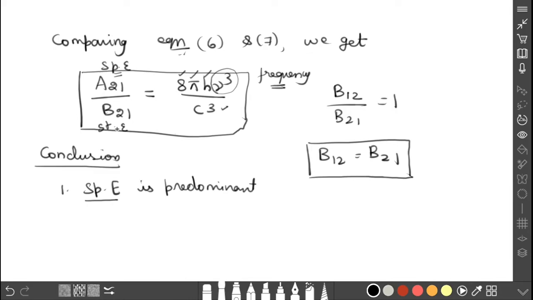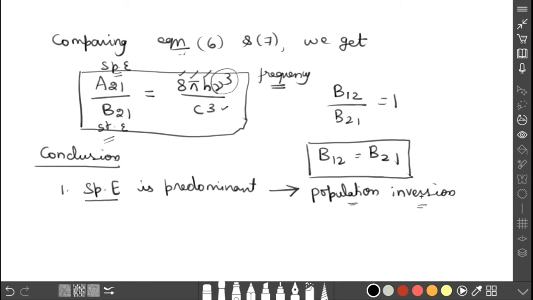For that he says we have to follow one technique, called the population inversion technique. So in the next video, we will discuss what population inversion is and how it should be achieved.